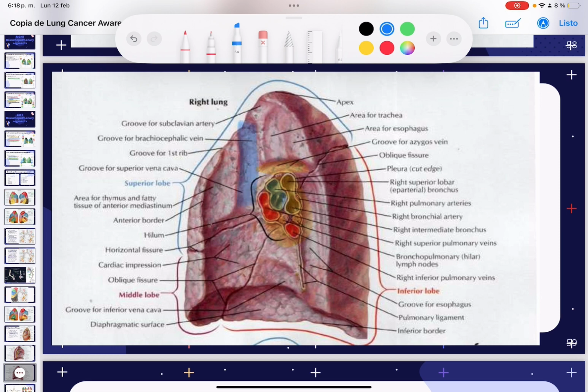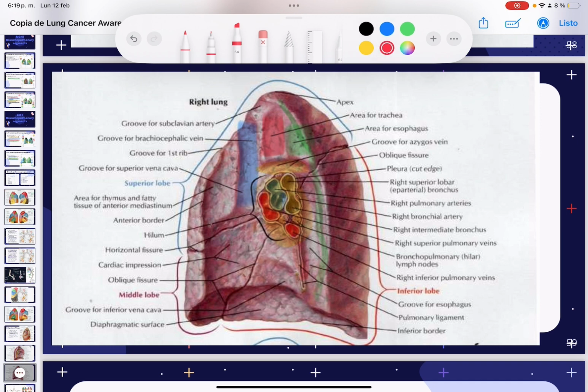We can see the groove of the first rib that is in the costal surface, the area for the trachea, the area for the esophagus, also we can see the groove of esophagus. Yeah, the pulmonary ligament.